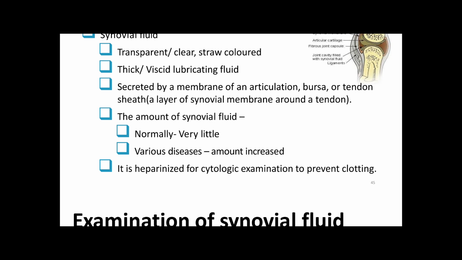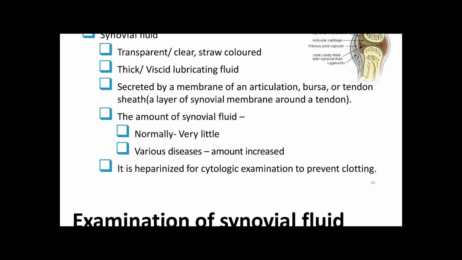The cytology of the joint fluid is diagnostically important as it is not frequently biopsied, and aspiration is carried out for many inflammatory conditions of the joint. So here the joint fluid cytology is very important because we cannot take the biopsy.